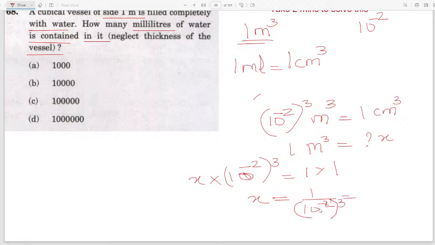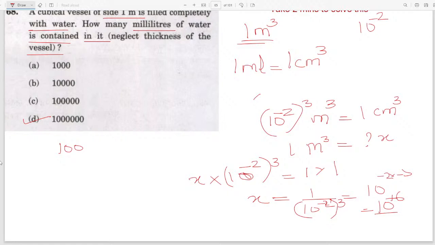If I bring this to the numerator, this will be 10 raised to minus 2 into minus 3. This will be 10 raised to plus 6. So 10 raised to plus 6 would be 1 followed by 6 zeros. And that is option D. The correct answer is option D.